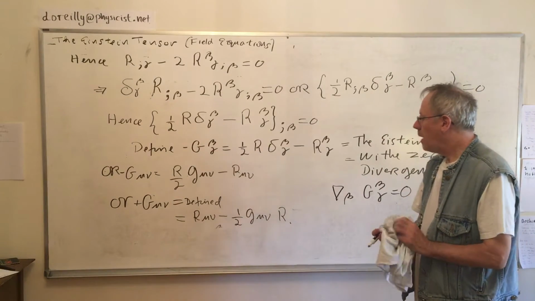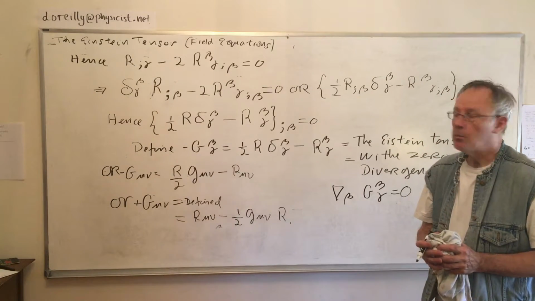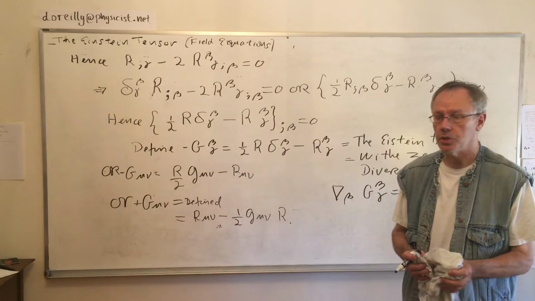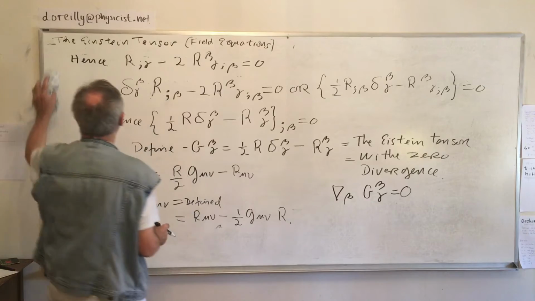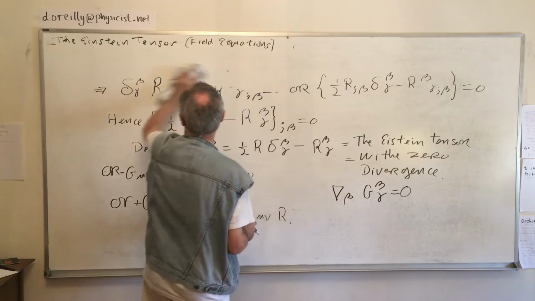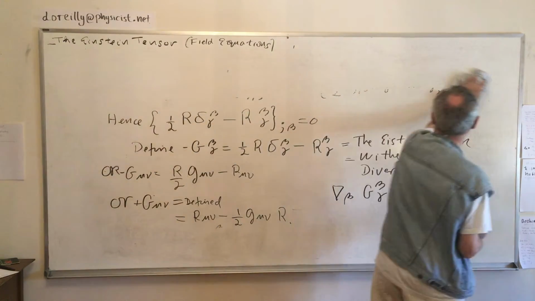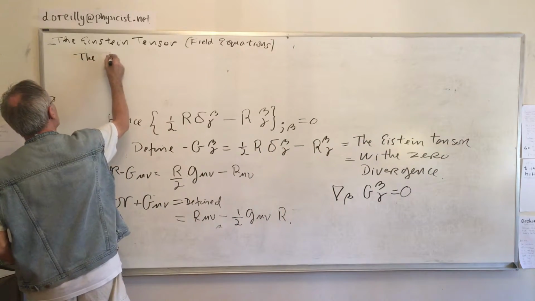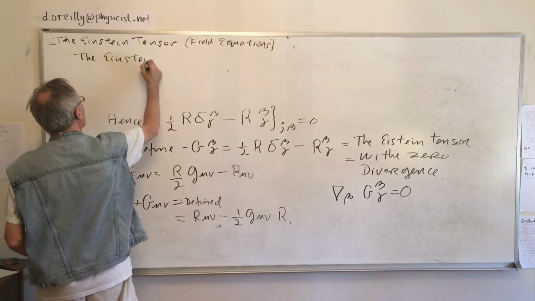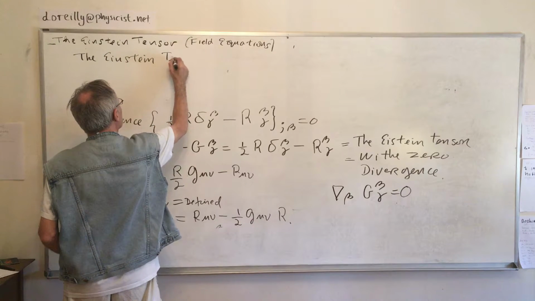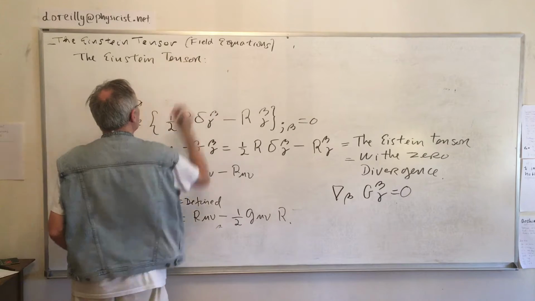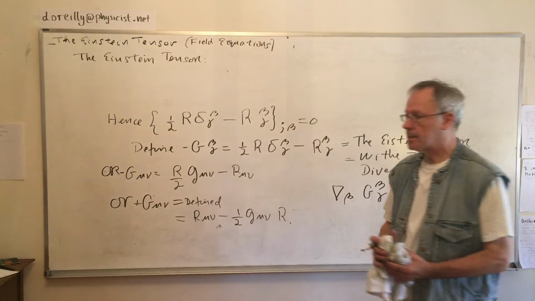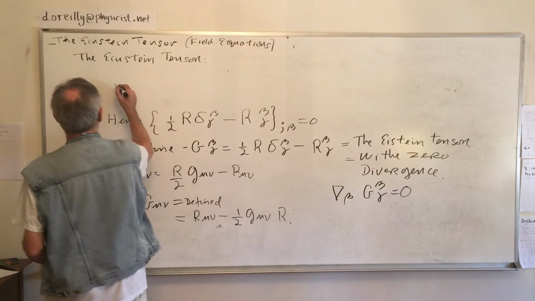Now I'm going to derive some interesting results. We're going to derive, using this, the vacuum field equations, which are quite wonderful. Now in the case of a non-zero divergence, that is in the presence of matter, sources or sinks, we write the Einstein tensor like this.